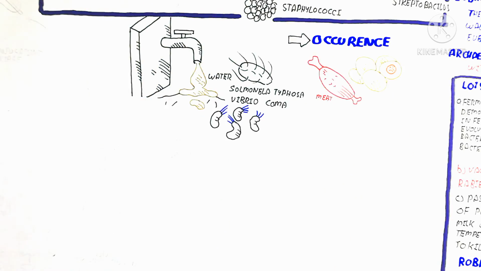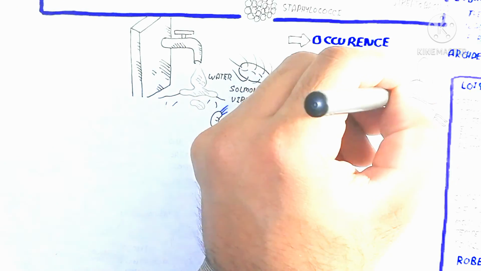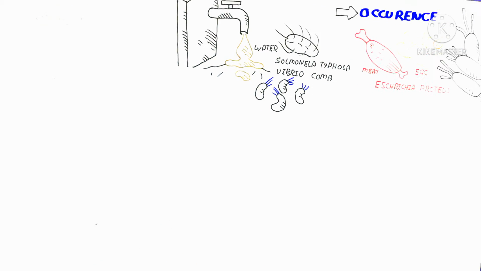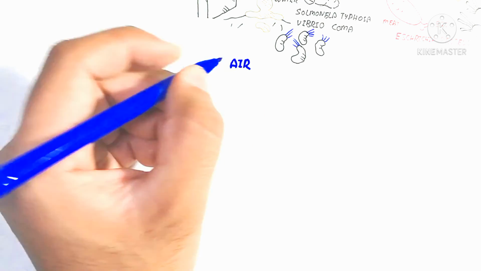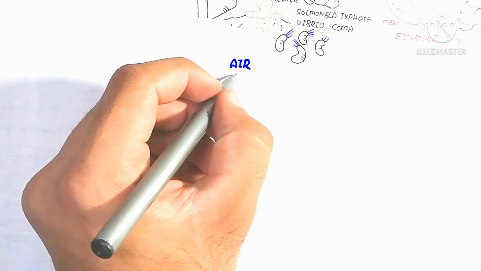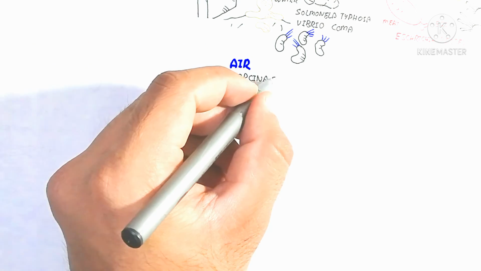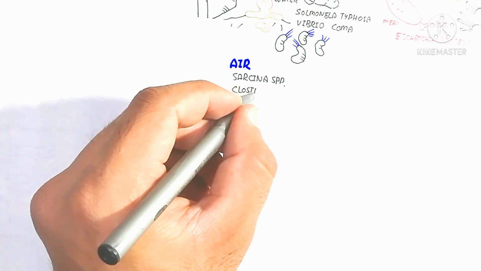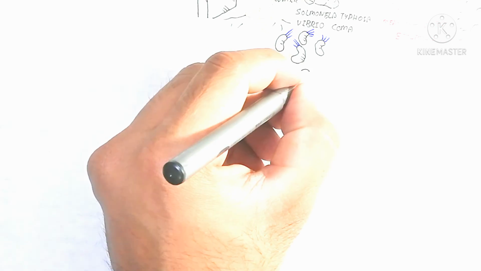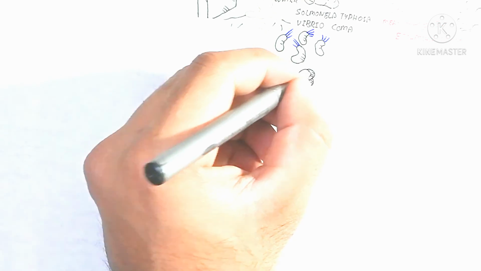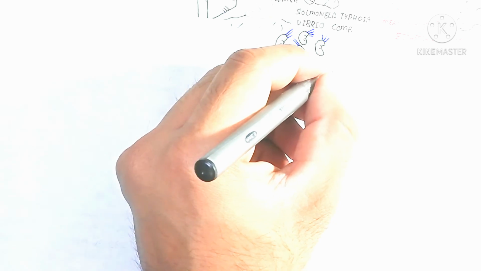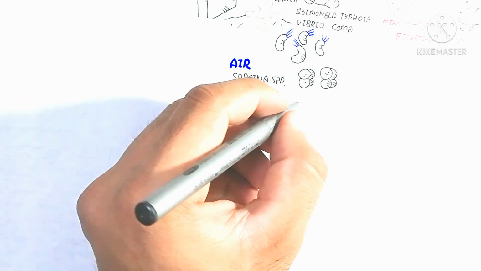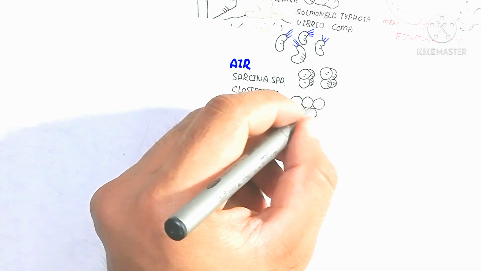While in food, meat and egg, there is Proteus, where Proteus relates to protein. While in air, there are Sarcina species and Clostridium, which look like this, and their structure looks like this.